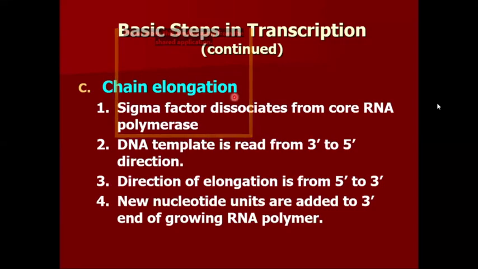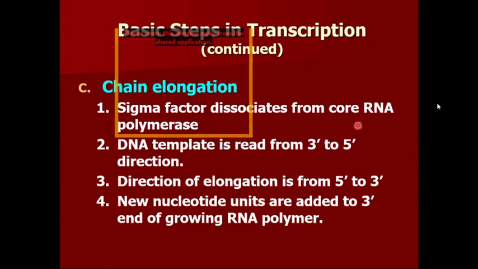Okay? The DNA template is read from 3' to 5' direction. Same. Direction of elongation of the RNA is from 5' to 3' direction. The same. And new nucleotide units are added to the 3' end of the growing RNA polymer.